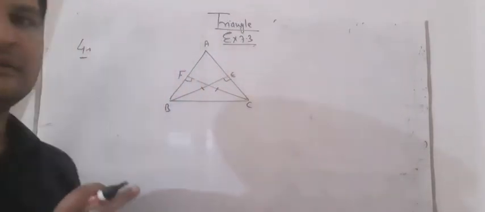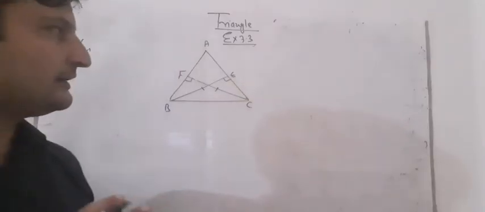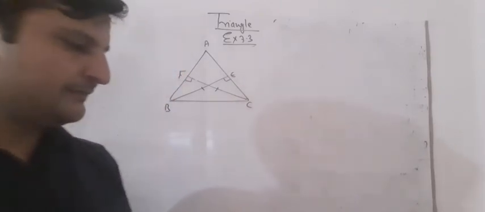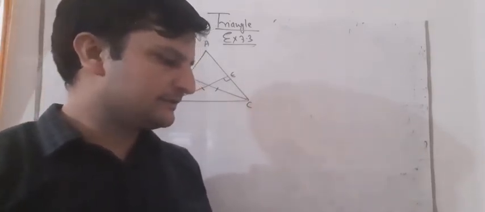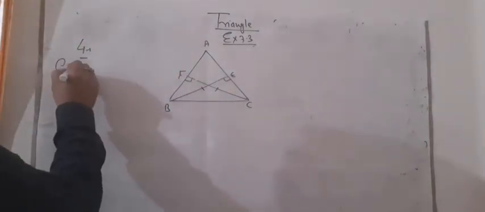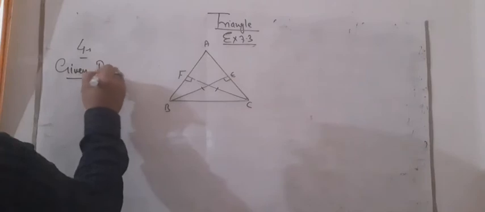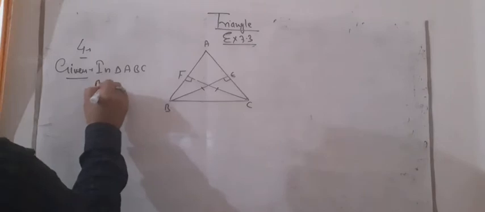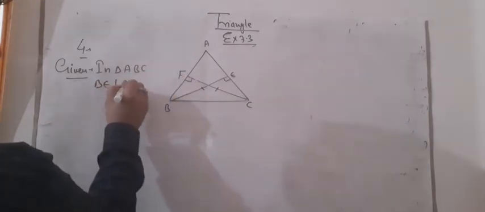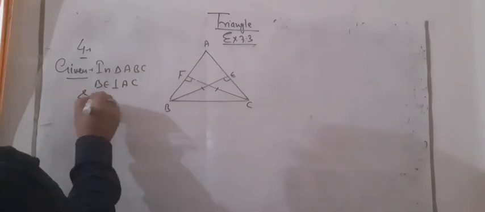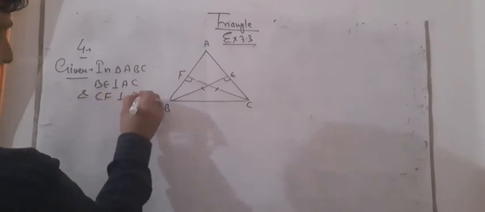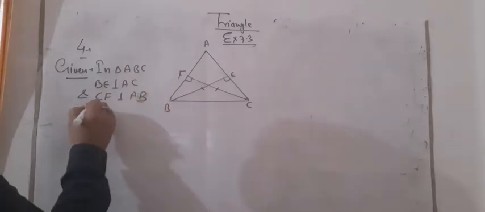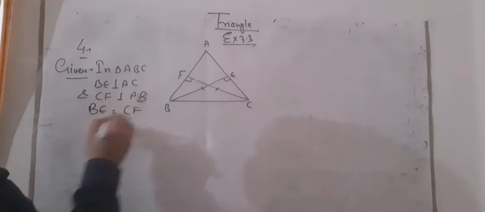Now we have to use only RHS congruency here. So we will take two triangles like this which fulfil the conditions of RHS congruency. Prove that triangle ABC is an isosceles triangle. So given that in triangle ABC, BE is perpendicular to AC and CF is perpendicular to AB, and it is given that BE is equal to CF also.